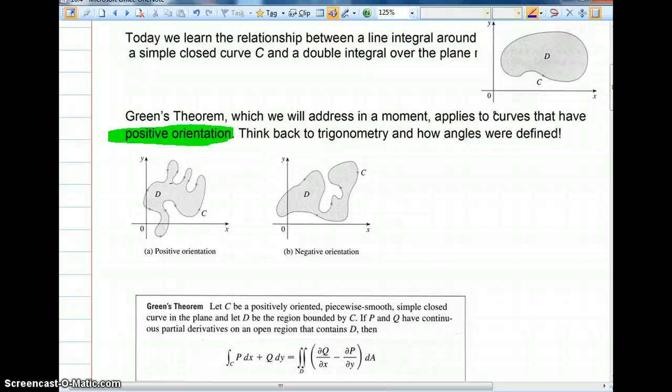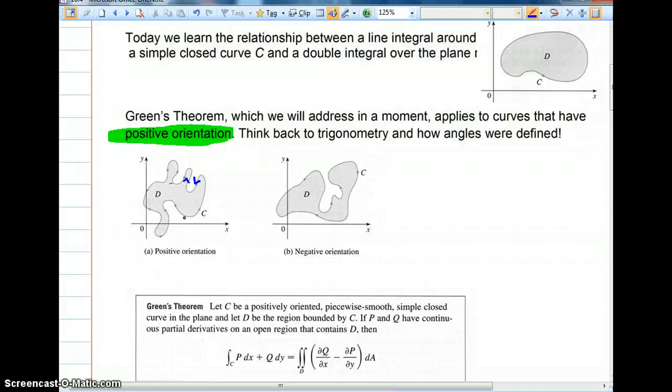Counterclockwise, right? And if you look at these examples, you could see, maybe not as clearly, that when the arrow is moving in a counterclockwise direction, we call it positive orientation. Likewise, if we were moving clockwise, then we would have negative orientation.